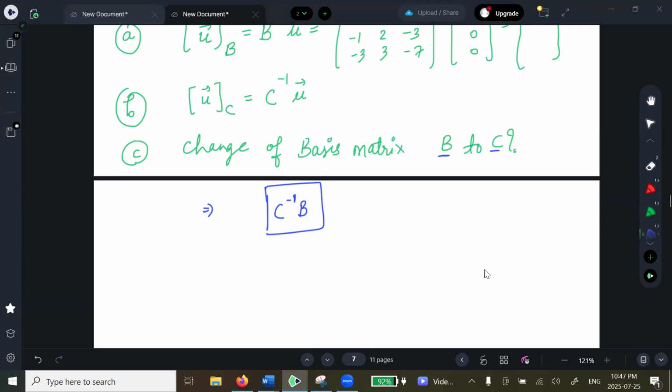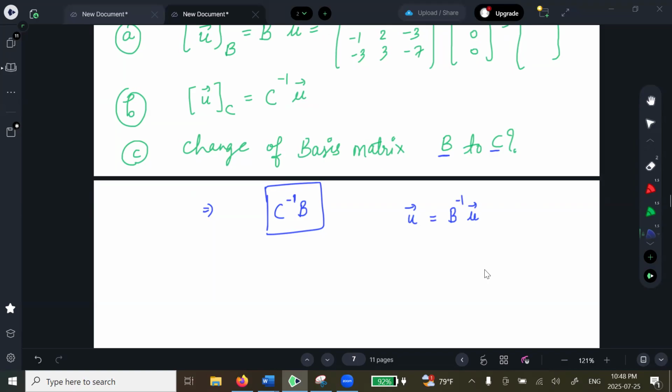So think of it this way. Let's say my vector u in the standard coordinates can be represented with its coordinates with respect to ordered basis B using this formula, right?